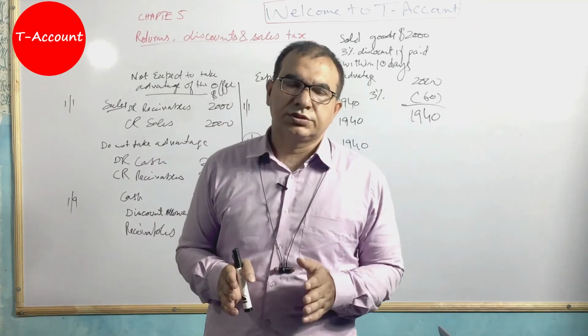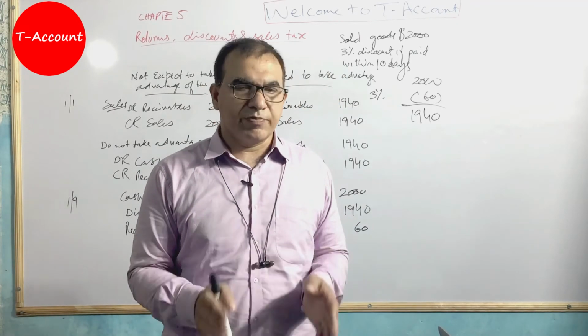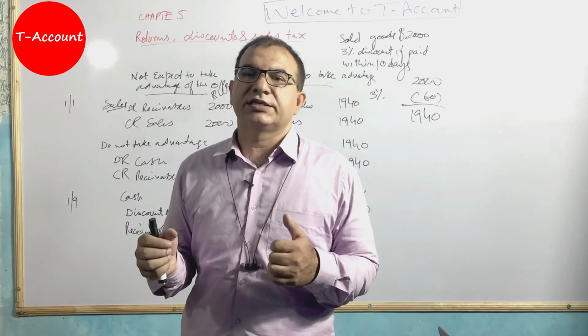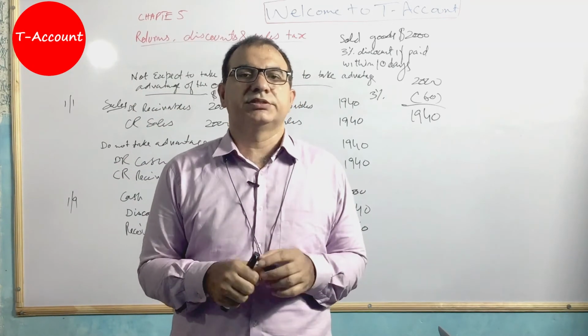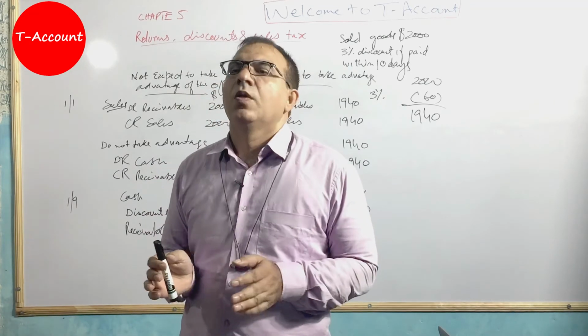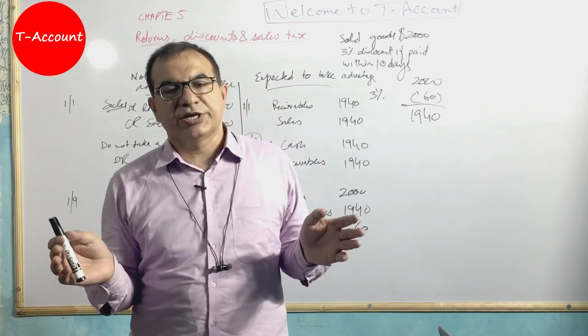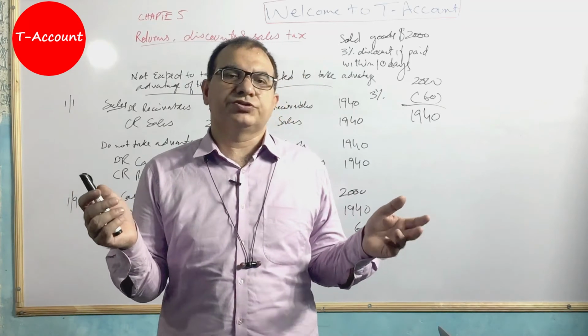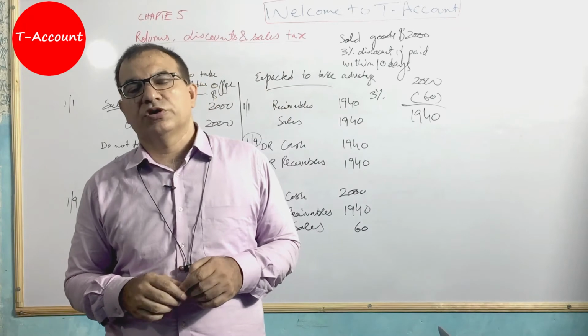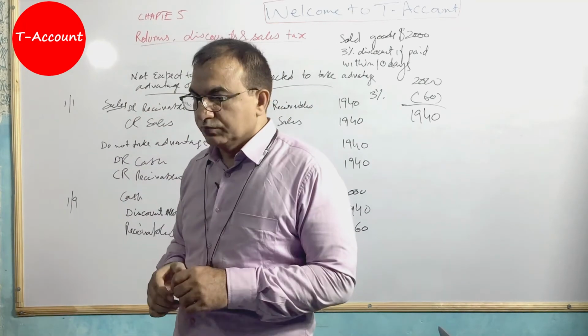Trade discount is not recorded separately. This is the definite reduction in price at the time of making sales. So there is no separate account, no journal entry. What is the objective? Objective normally is to increase the volume of sales, get more customers, bigger orders.